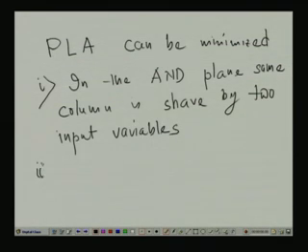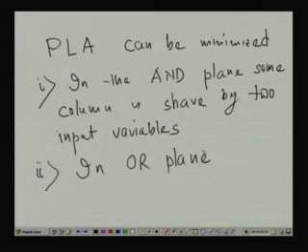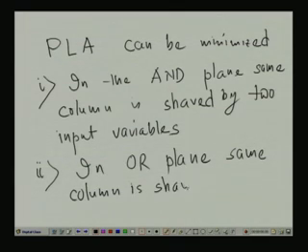Or similarly, in the OR plane, the same column is shared by two output variables, two output functions.